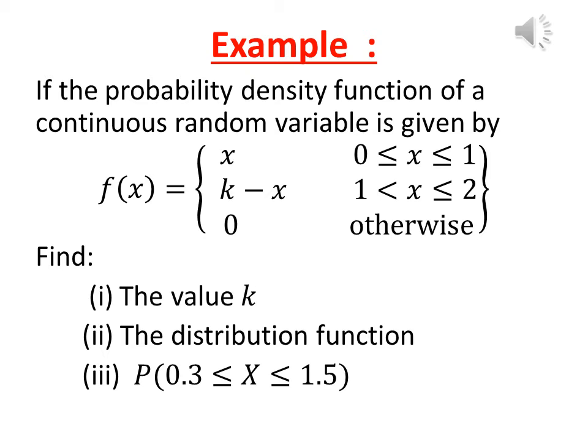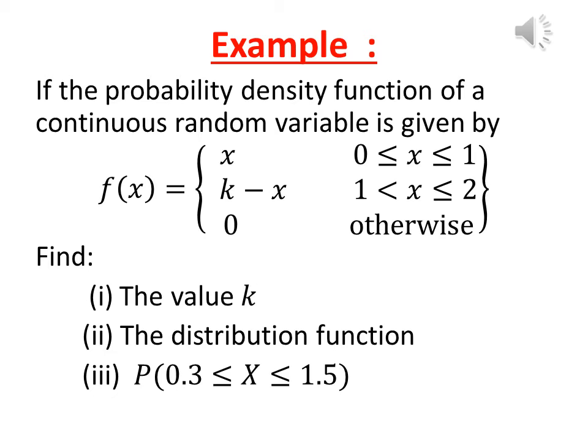First example, for a continuous random variable. Let x, meaning the random variable, be a continuous random variable with distribution density function f of x, where f of x equals kx.